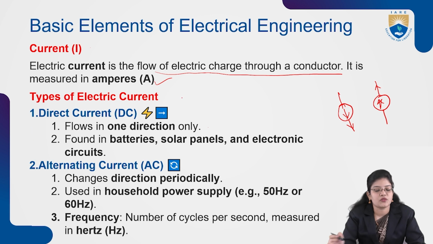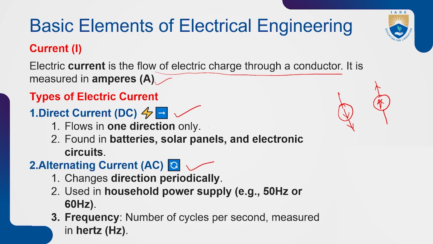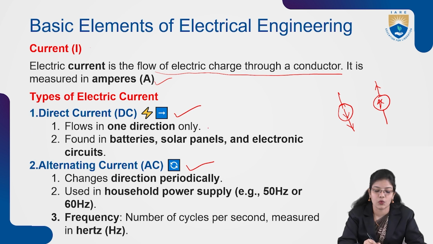And coming to the types of electric current, there are two types. One is direct current and another one is alternating current. Direct current is nothing but current which flows only in one direction. This type of current is used in batteries, solar panels and electronic circuits. Then moving to alternating current, it changes the direction periodically.